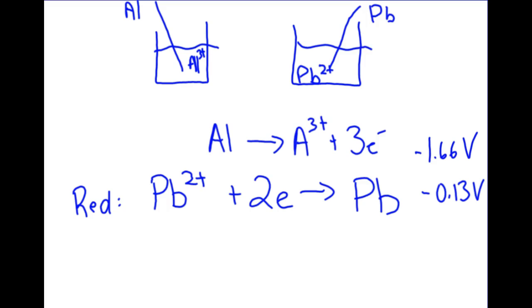If I flip the equation, I must also do this: if I make something an oxidation equation, I must also change the sign of the voltage.